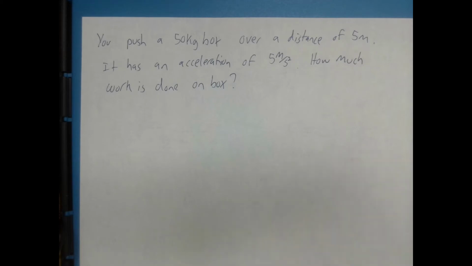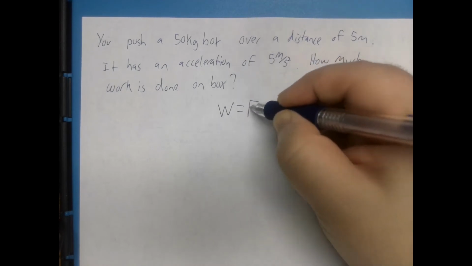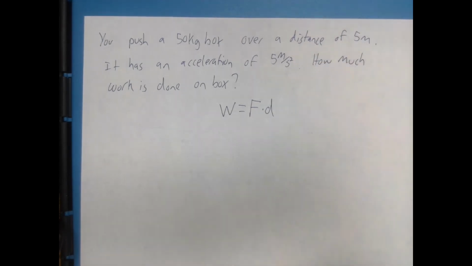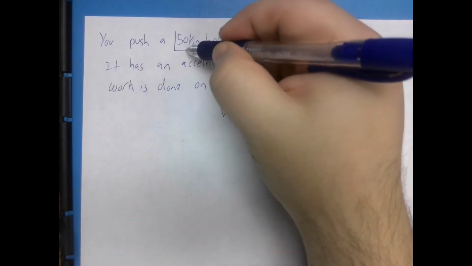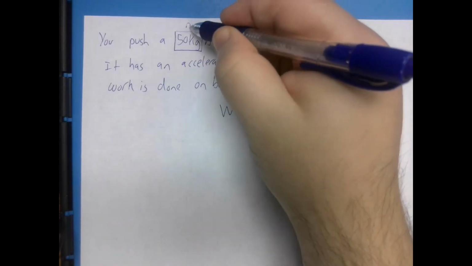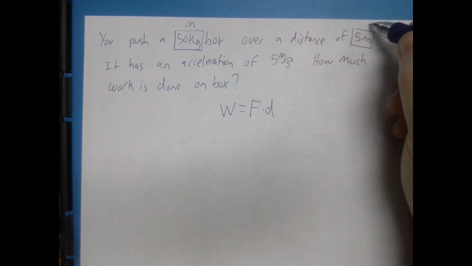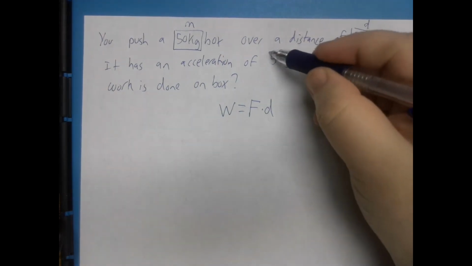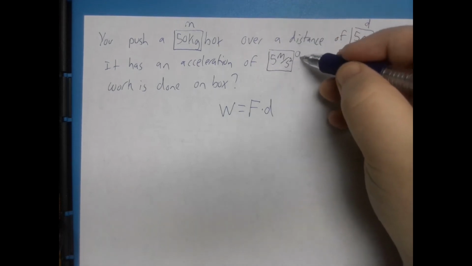So we know the equation for work is equal to force times distance. 50 kilograms is what variable? Mass. 5 meters is going to be a distance. And 5 meters per second squared is an acceleration.